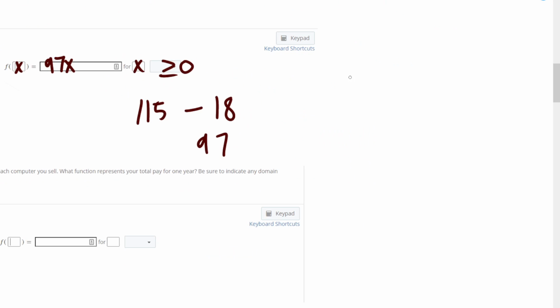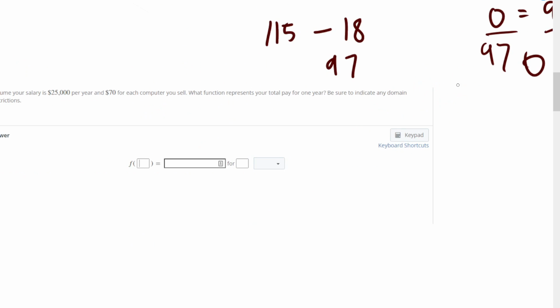So we'll plug in 0 for y. 0 is equal to 97x. And then, it looks like either way it will be 0. Y has got to be greater than or equal to 0. Because if we divide 97 on both sides, 0 divided by anything is going to be 0. So I was right. I just didn't think about it.